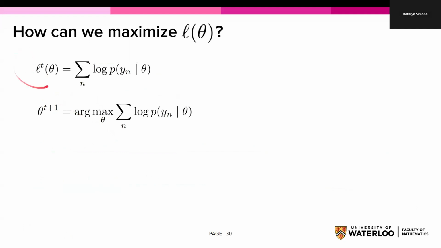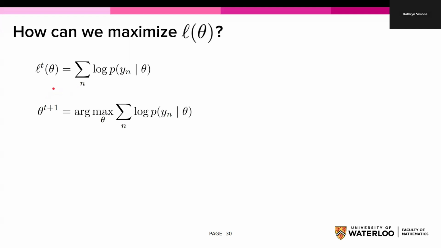And so now that we've got our log likelihood function, all we need to do is maximize it. And this is the regular maximum likelihood estimation. So the goal is to find the parameter values that make the observed data most likely under our model.